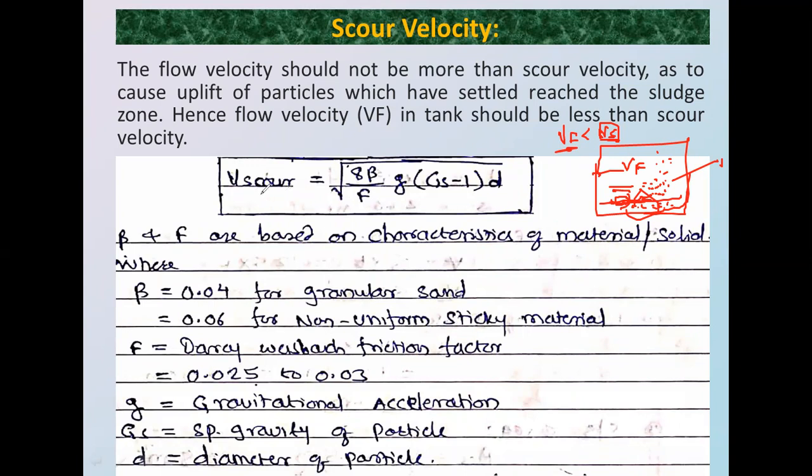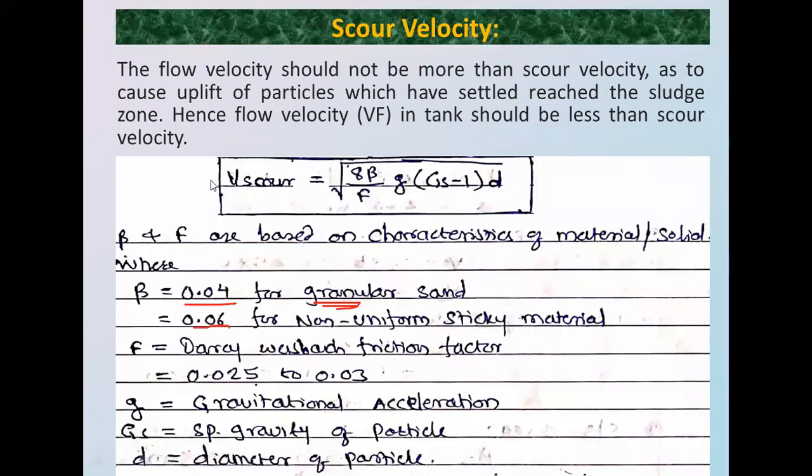Okay, so what is the formula here? So formula for finding the scour velocity is under root of 8 beta divided by F into small g in bracket Gs minus 1 into D. This is the formula where beta and F are nothing but the characteristics of the material or the solids. जे पाण्यामध्ये सस्पेंडेड सॉलिड्स आहेत त्यांच्या कॅरेक्टरिस्टिक वरती त्याच्या व्हॅल्यू डिपेंड करतात. जर त्या ठिकाणी पाण्यामध्ये ग्रॅन्युलर सँड असेल, ओके सँड ग्रॅन्युलर सँड असेल, then at that time beta has to be taken as 0.04, and then for the non-uniform sticky material the beta should be taken as 0.06.